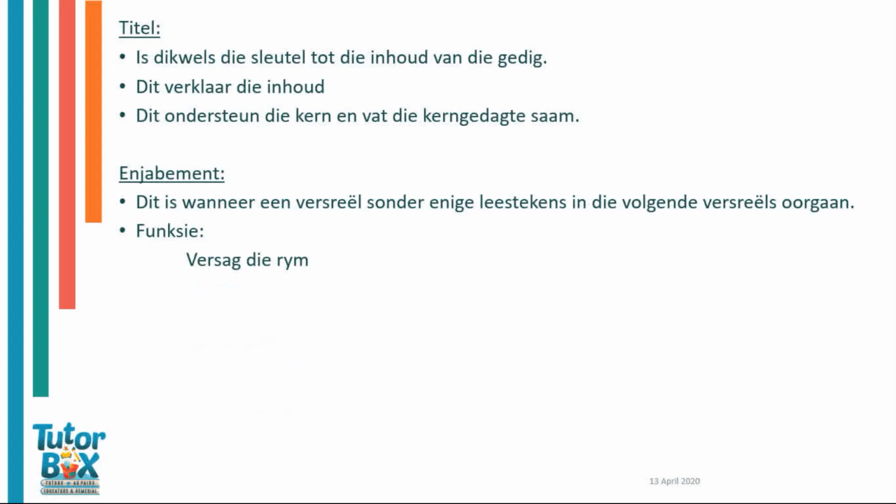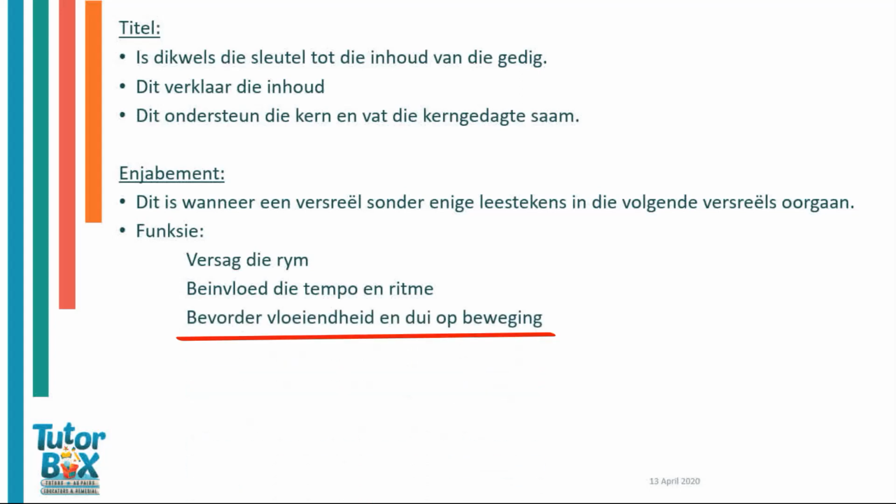What is the function? Dit versag die rym, beïnvloed die tempo en ritme. Okay, so it makes the rhyme softer, and it affects the tempo. So you're reading it much faster than you would if there was a full stop or a comma.